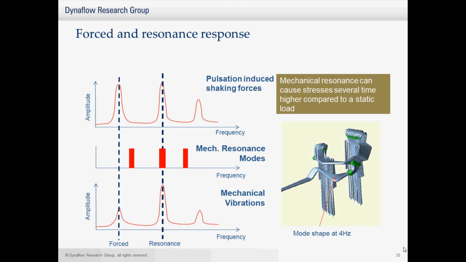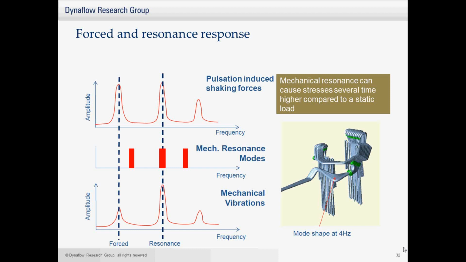On the top you have the pulsations, the amplitude of the pulsations, and on the horizontal axis is the frequency. For example, the most left is the 15 Hz of our system, and the second peak is the 30 Hz, which is the characteristic of our system, and then you have 45 Hz. This is for a pump at a 5 Hz frequency with 3 cylinders.